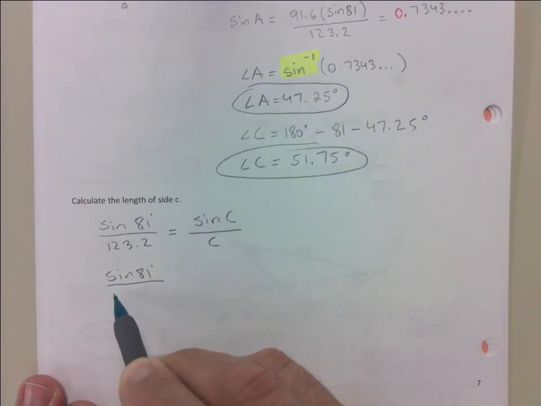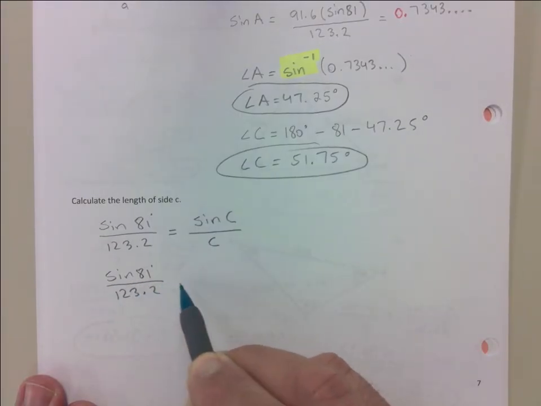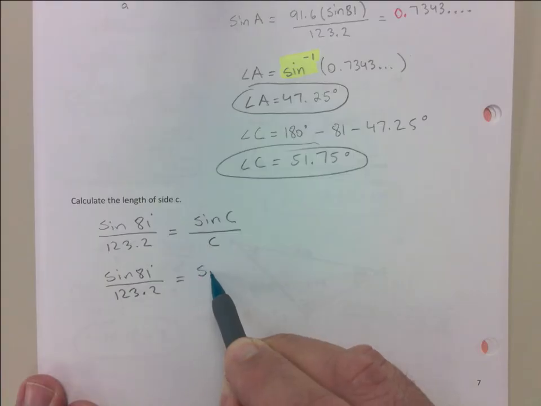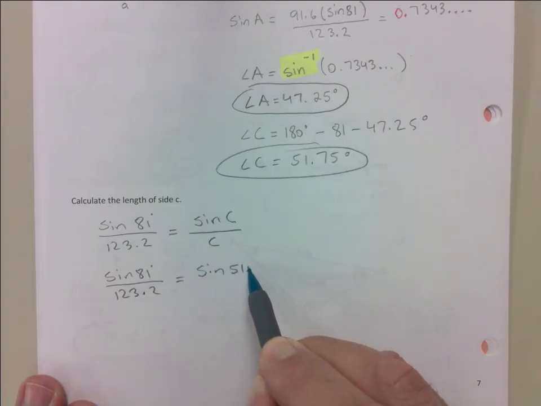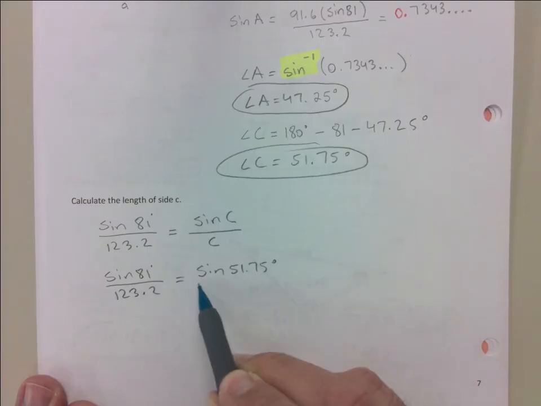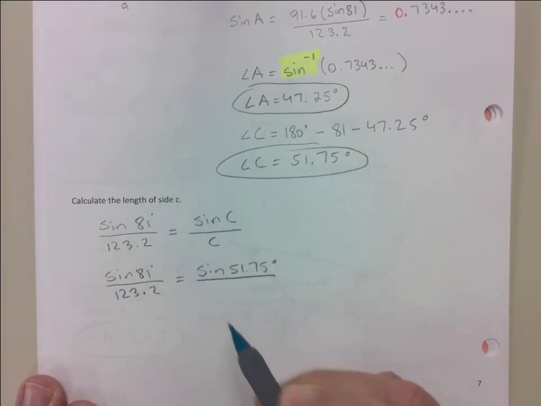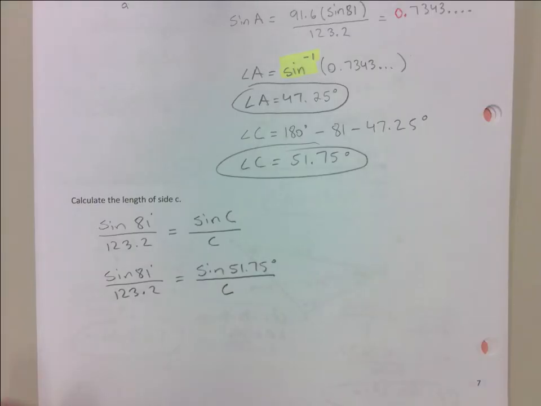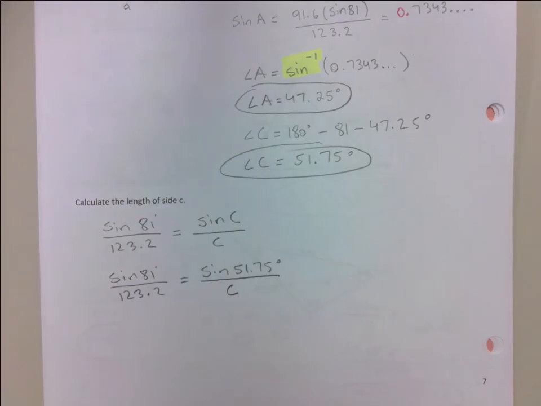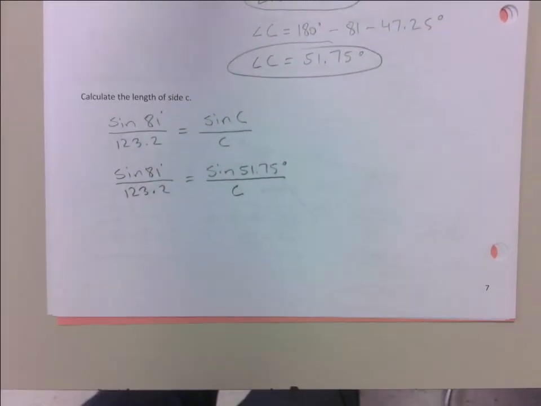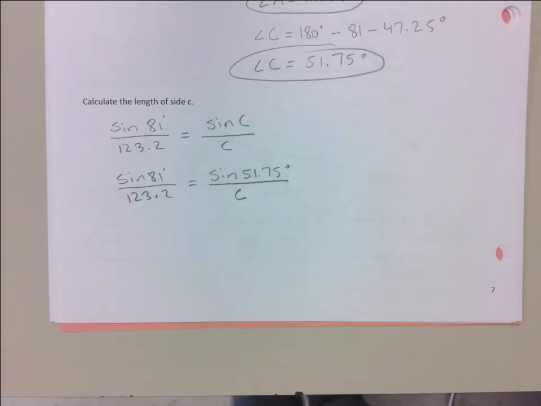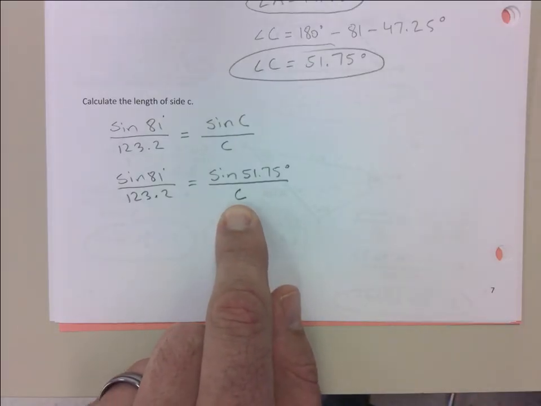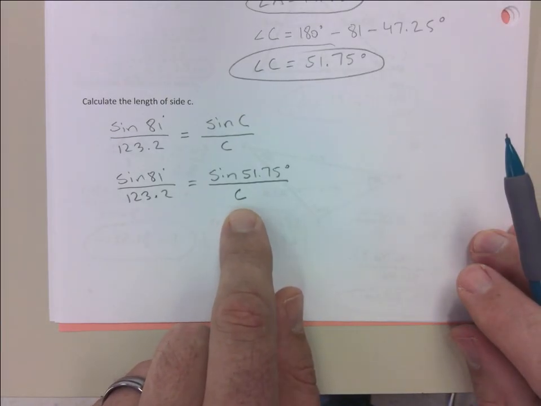So sine of 81, 123.2. Sine of 51.75 degrees over C. Now you're back to what we started today with. We started solving for sides. So no inverse, okay? No inverse when it's just solving for sides.